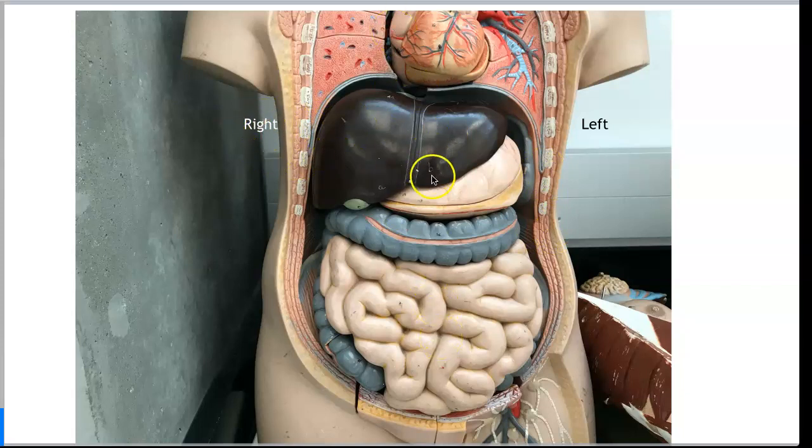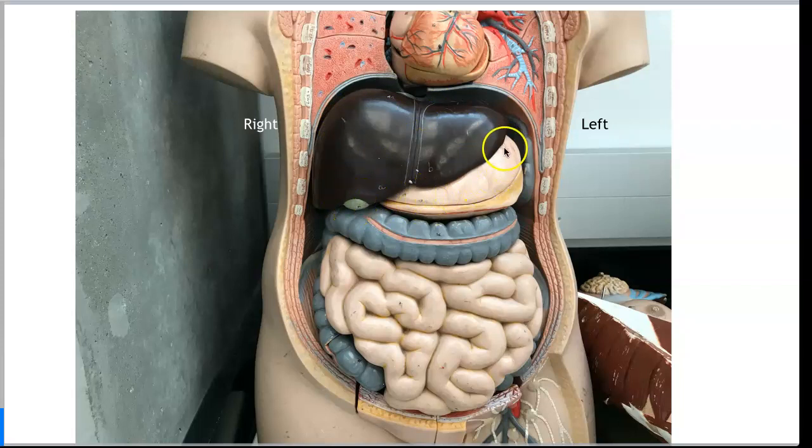You are looking at the model. You are facing the model. This is always right. This is left. Here is the diaphragm. They're showing you this is the diaphragm. Here is the liver. The gallbladder sits just under the liver.